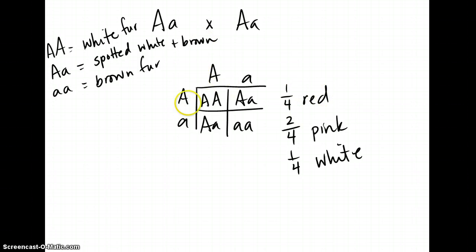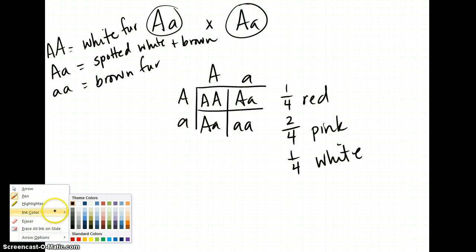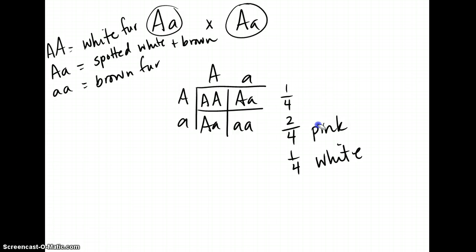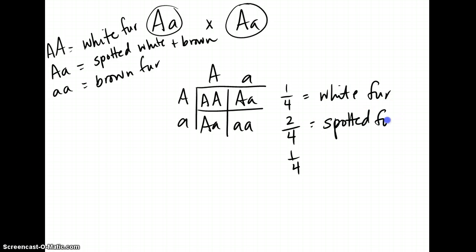And it's similar to this. You just more or less will see that if you have 2 cats that are spotted, what are the chances of getting a spotted cat? So if I erase this, the Punnett square is the same. It's just now, okay, it looks like from those 2 spotted cats, their offspring have a 1/4 chance of having white fur and a 2/4 chance of having spotted fur and a 1/4 chance of having brown fur.